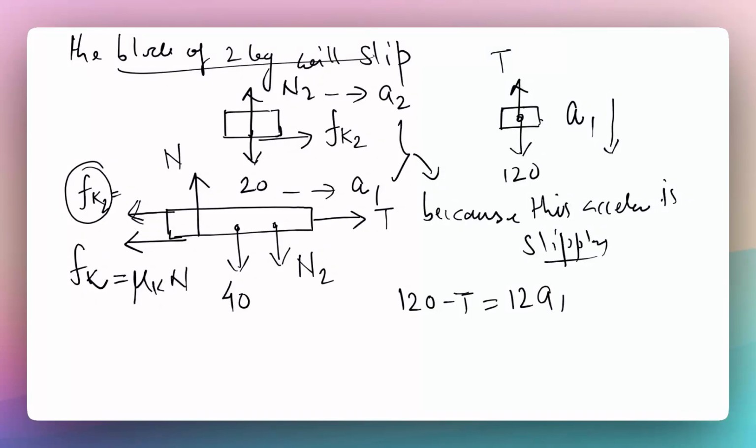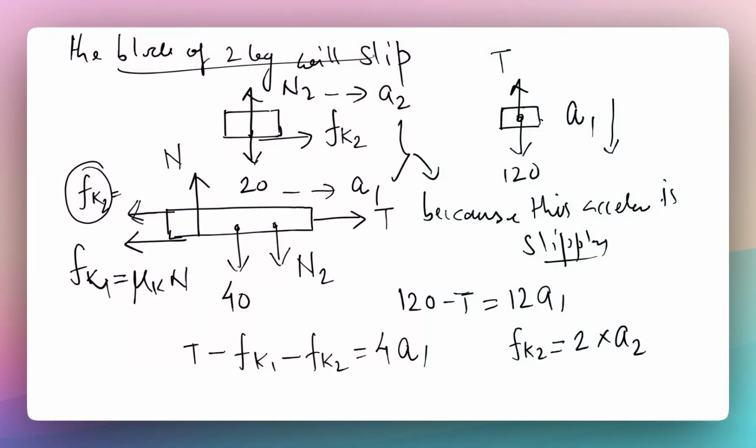For this one, the only force towards the right is T, minus force Fk1, which is mu K into N, minus Fk2. And the mass of this one is 4, into acceleration A1. For this one, we have in the right direction Fk2, which is equal to the mass of this block, 2, into some acceleration A2. So let's first calculate this, probably the easiest one to do.